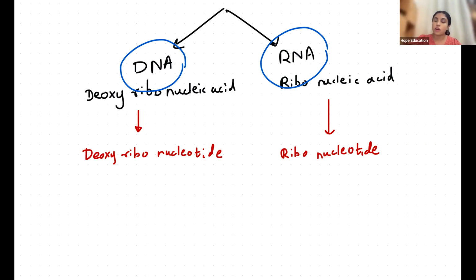Who are living organisms? For example, animals, plants, microorganisms. Microorganisms include maybe fungi, bacteria, and so on.